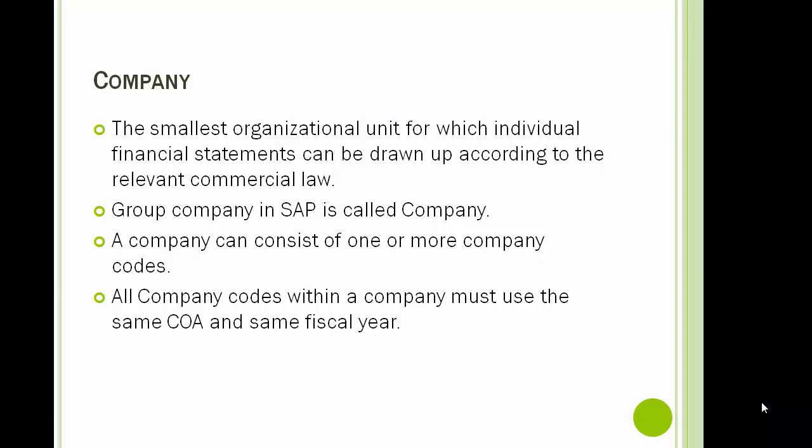So you can assign all those hundreds of legal entities to the company, and you can have group reporting and group financial statements as well with the help of the company. All the company codes within a company must use the same chart of accounts, as already said, and must have the same fiscal year so as to have the financial statements generated.